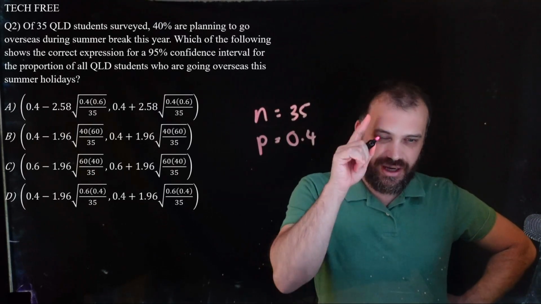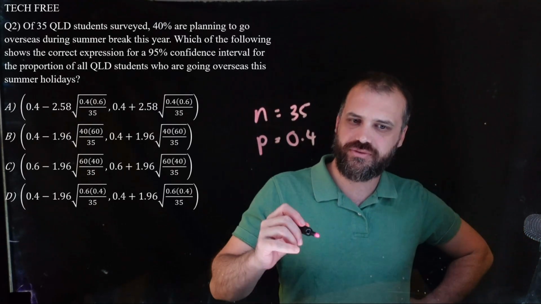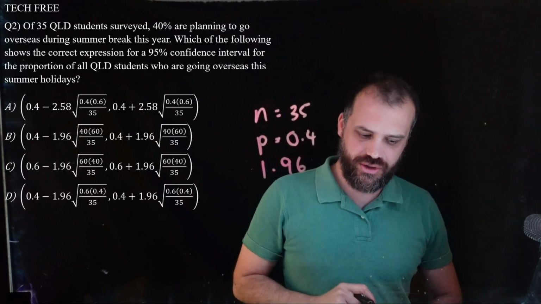I should have a number in my head for 95% confidence intervals, and that's 1.96.